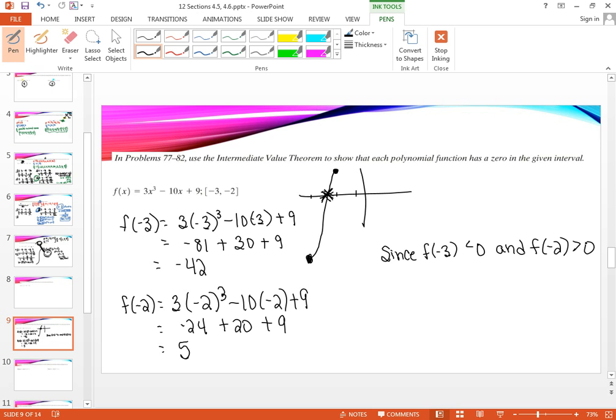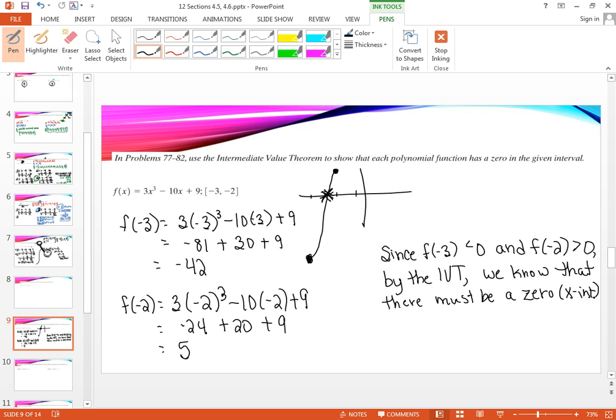Okay, since one is negative and one is positive, then by the intermediate value theorem, we know that there must be a 0, or an x-intercept if you'd rather, between x equals −3 and x equals −2.